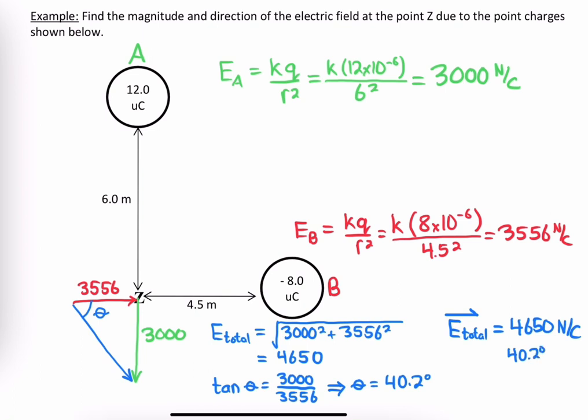And we're not really sure if this is an up, down, left, right problem or a northeast, southwest problem. Let's assume this is sort of a map we're looking at, and so we can call that angle south of east.